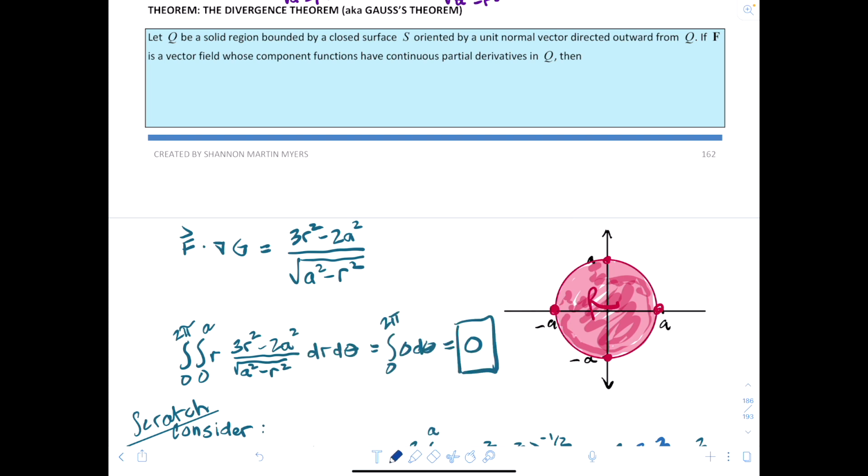Let Q be a solid region bounded by a closed surface S oriented by a unit normal vector directed outward from Q. If F is a vector field whose component functions have continuous partial derivatives in Q, then it turns out the integral over the surface of F dot n dS is equal to the integral over the solid region Q of the divergence of F dV. So this is kind of cool.